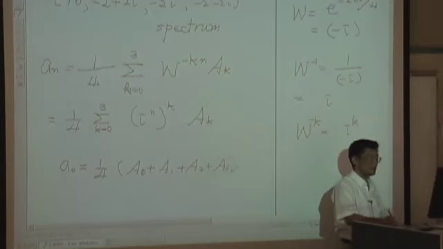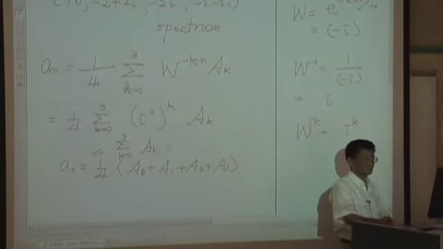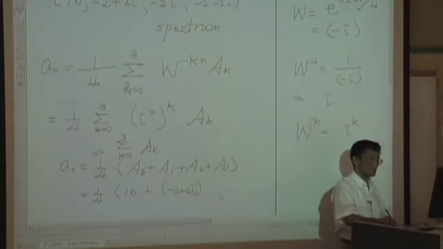Or if I write the summation form, k running from 0 to 3, and this is replaced by 1, and then A k. Then 1/4 times 10 plus minus 2 plus 2i minus 2.